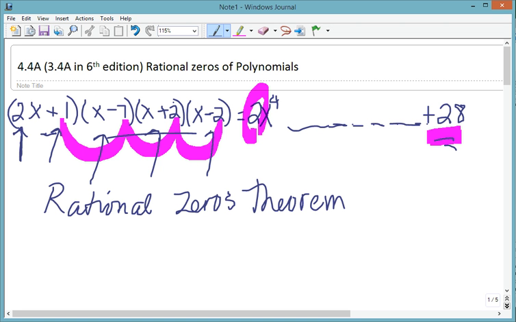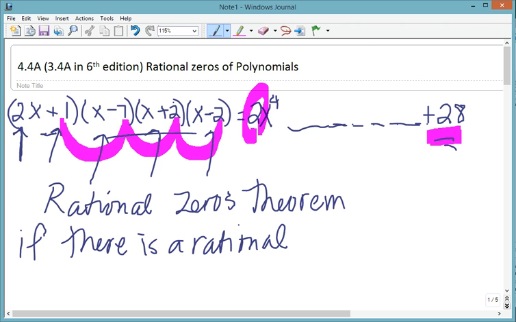It says that if there is a rational zero, and there isn't always, but if there is a rational zero, then it has to be made up of a fraction.